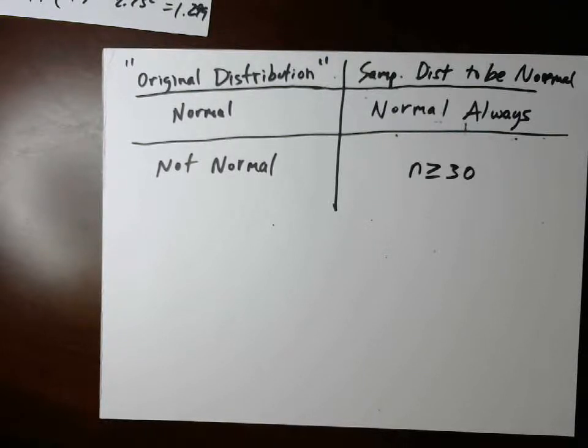All right, so if we had looked at that weird distribution on the previous page and only took a sample size of, let's say, n equals 10, then if we plotted those 1,000 x bars, the shape of the distribution would not be normal. We have to have a large enough n, n greater than or equal to 30, for each of those x bars in order for the sampling distribution to be normal. Okay.